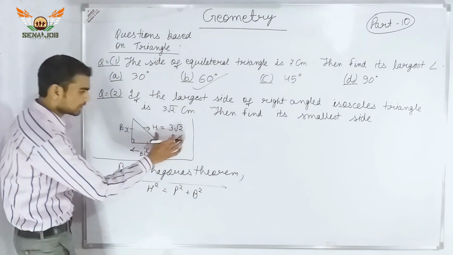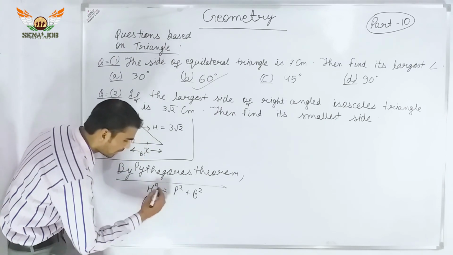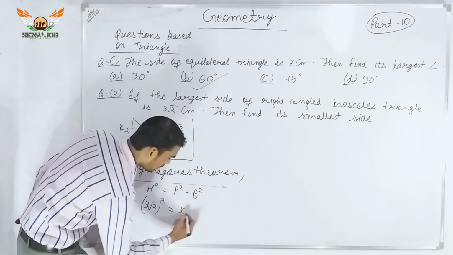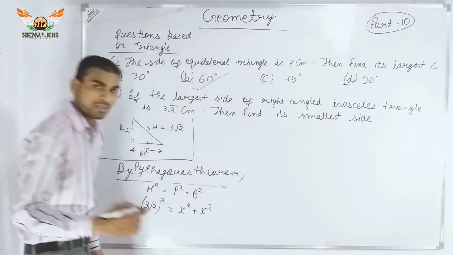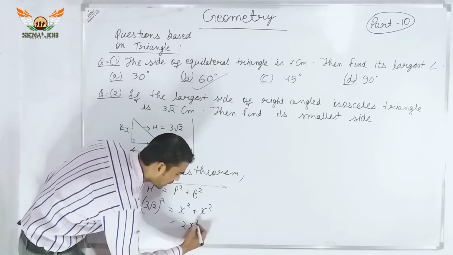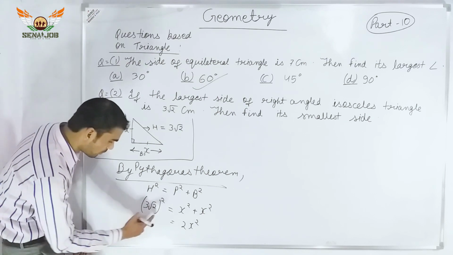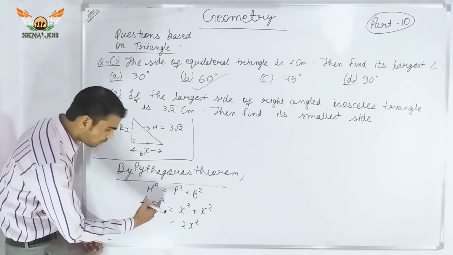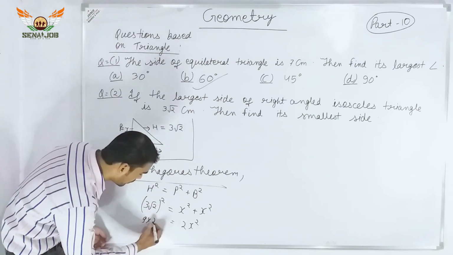Now h has been given 3 root 2 centimeter and whole square. Don't write centimeter here. And p is what? x square, then b is also x, so write down x square. Now x square plus x square, as you know, will be 2x square. And if you make the square of 3, this will be 9, and root and square will be cancelled out, so this will be 9 multiply 2.